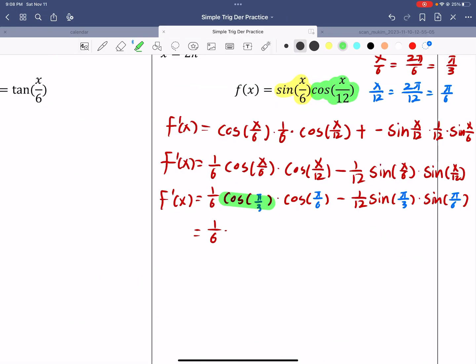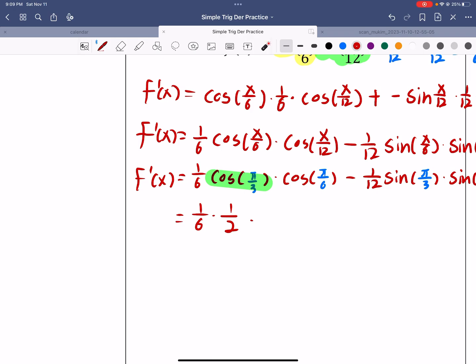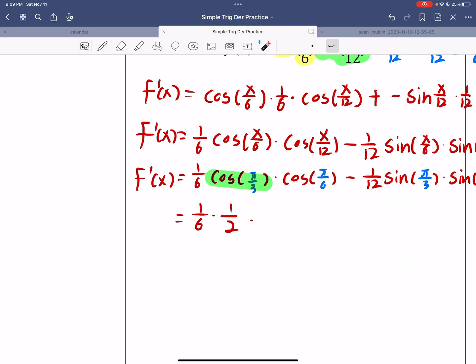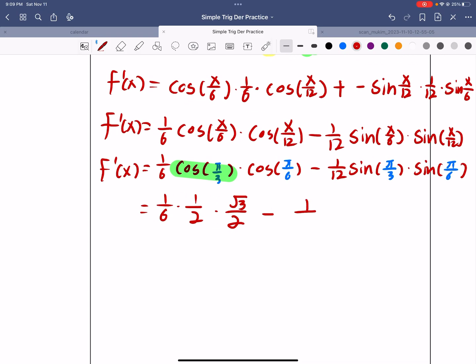So for pi over 3, this one is going to be 1/2 times, okay, so here, cosine pi over 6 is square root of 3 over 2. I believe this one is going to be somewhat close to 0, I think, but whatever. And sine pi over 3 is square root of 3 over 2 times sine pi over 6, which is 1/2. Okay, so let's do this.